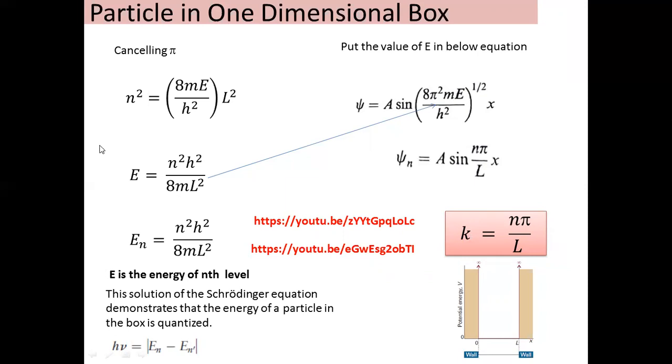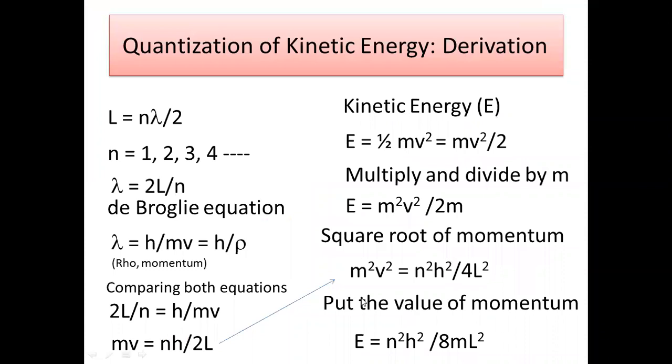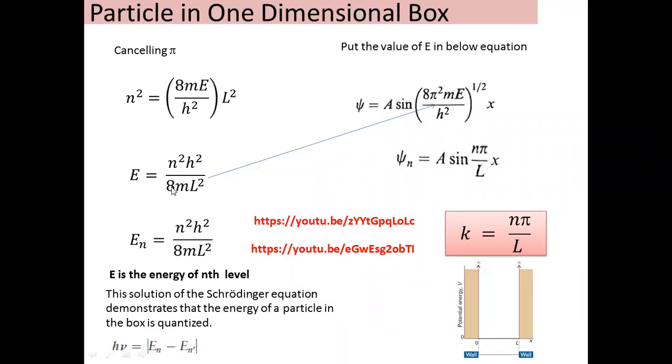This is one way, which also gives you the energy of the nth level, equal to n square h square over 8 m L square. And this derivation is another way to calculate the quantization of kinetic energy, and it is the same equation as mentioned over here.